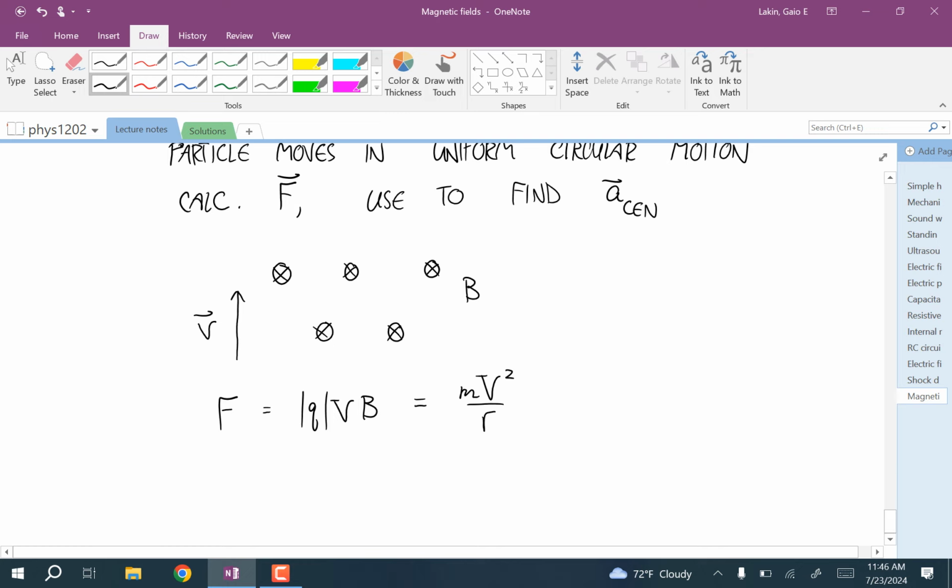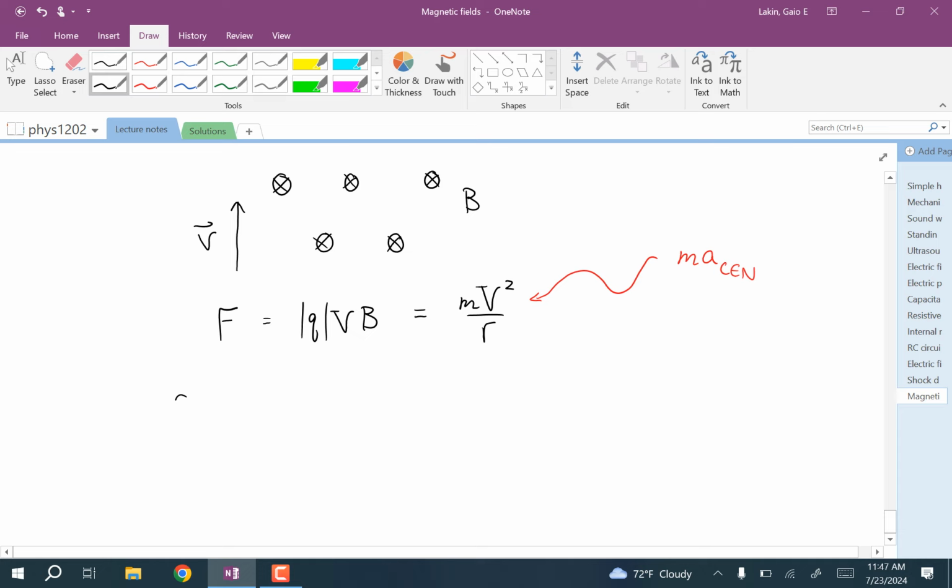You can see right away that one of those v's cancels out. Okay, so that's the approach we're going to use. And a common thing to use this for is to find the radius of the circular path, that kind of thing.